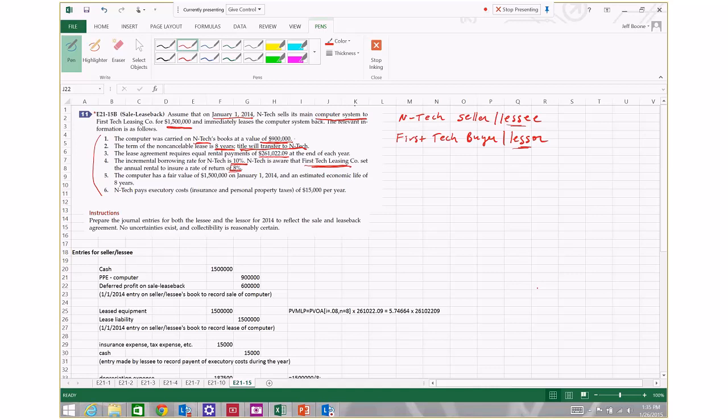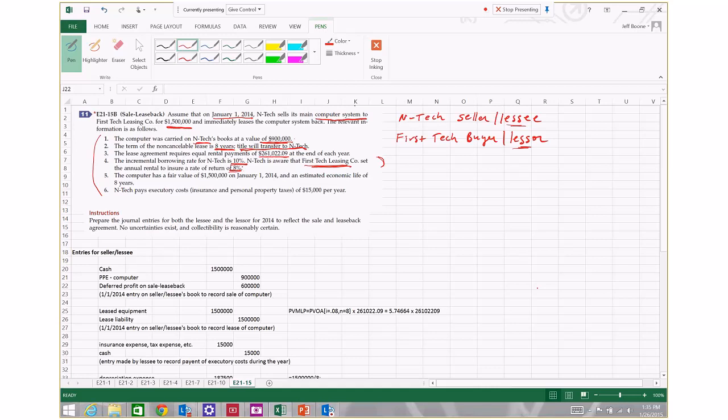So here's the first problem that we've had, where we have both the incremental borrowing rate of the lessee as well as the implicit rate of the lessor, and the lessor's implicit rate is known to the lessee, and it's less than the lessee's incremental borrowing rate.